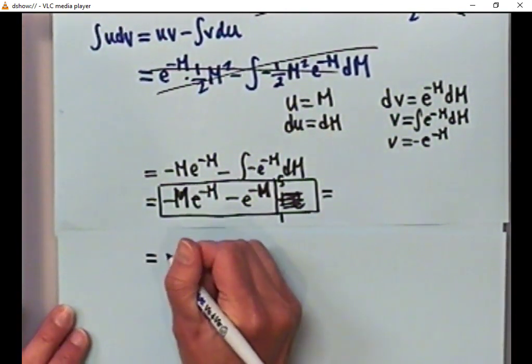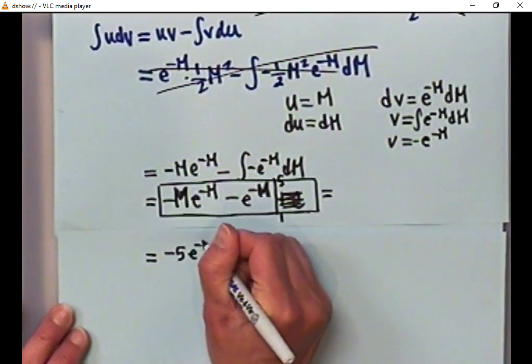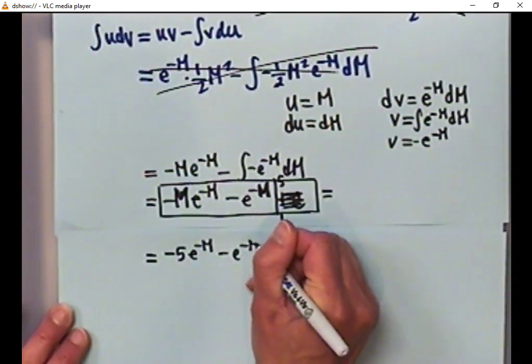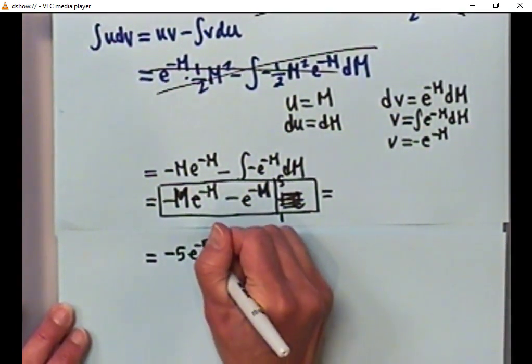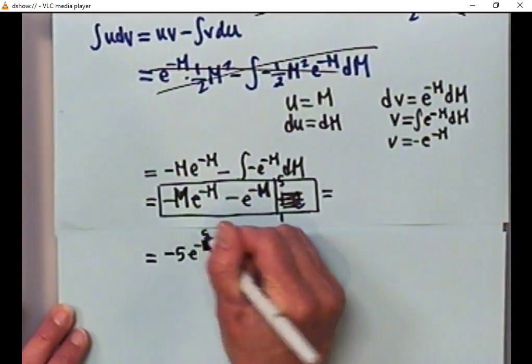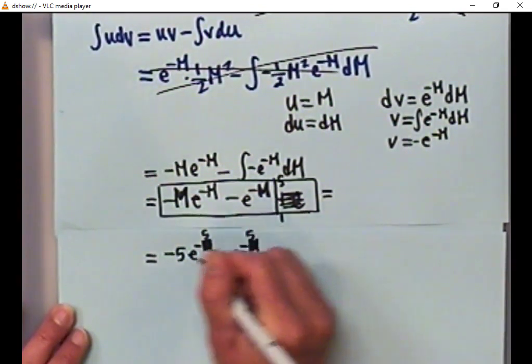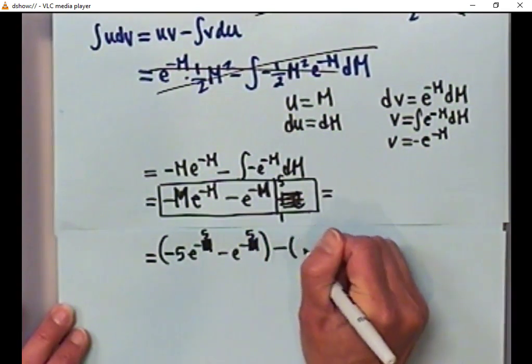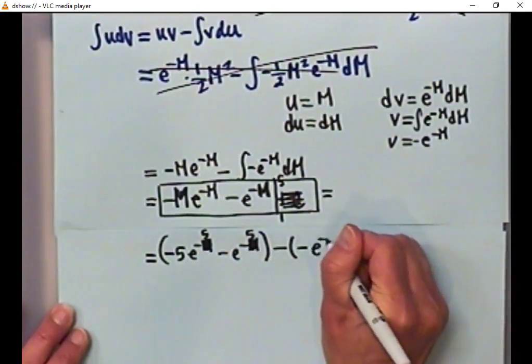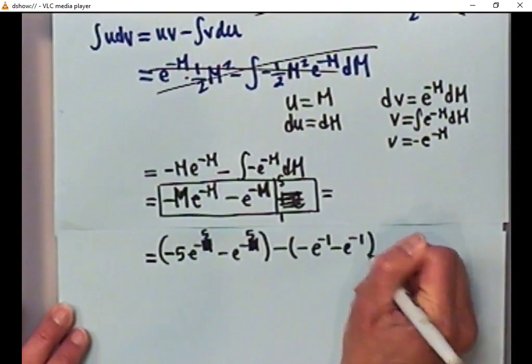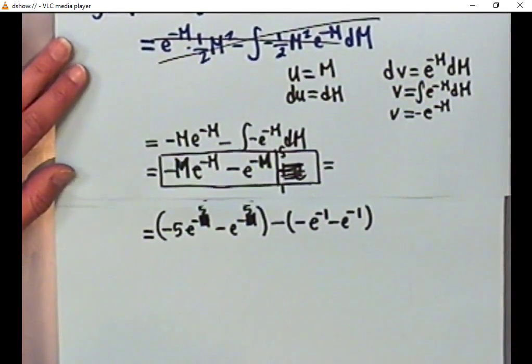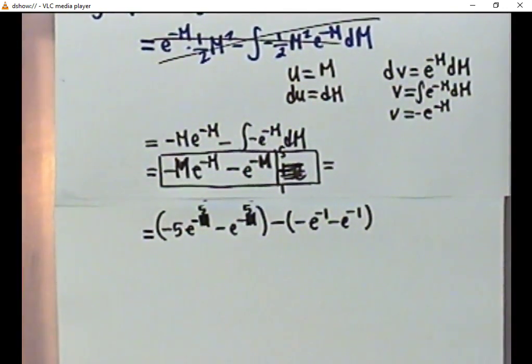So let's see, plug in 5 first. So -5 e to the -5 minus e to the -5. There should each be 5s there. Minus -1 e to the -1 minus e to the -1. Is that right? I think so.